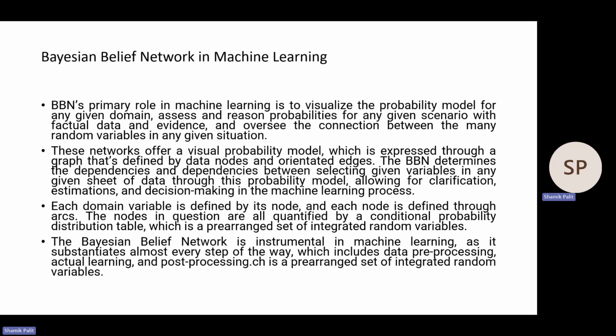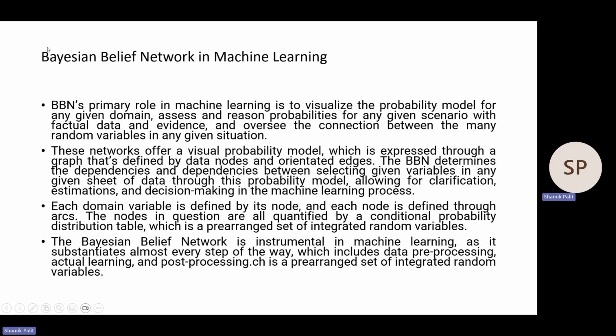And finally, we can determine the dependencies among several variables in a specific scenario which has been given. And based on that, we can have clarifications, estimations, even decision making systems in machine learning. So it completely depends on the concept of a Bayesian belief network.